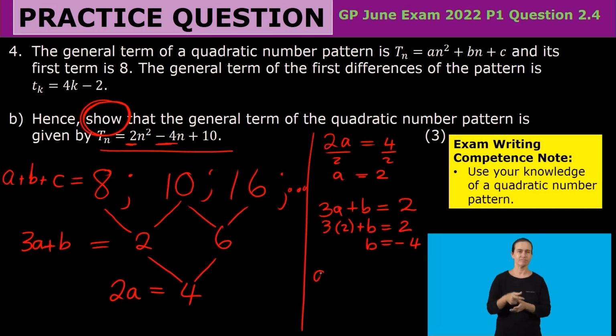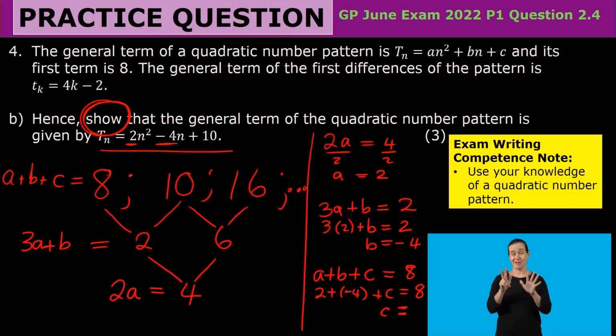Then we have a plus b plus c, that is equal to the first term, which in this case is 8. That would be 2 in the place of a, plus negative 4 in the place of b, plus c, that is going to be equal to 8. And when we solve for c, c is equal to 8 plus 2. When we work that out, that is going to be our 10.